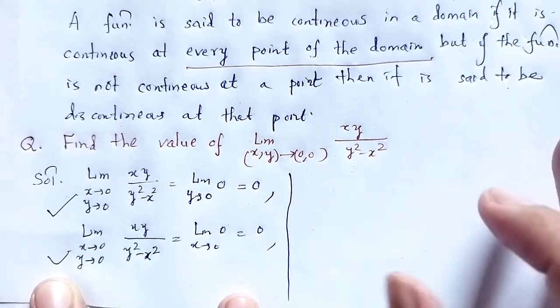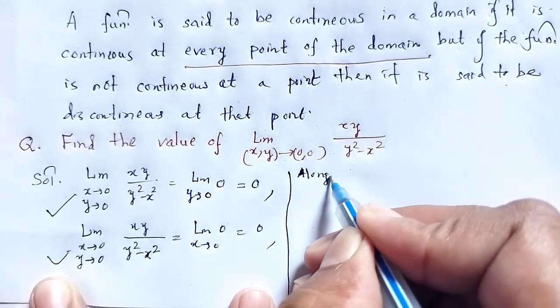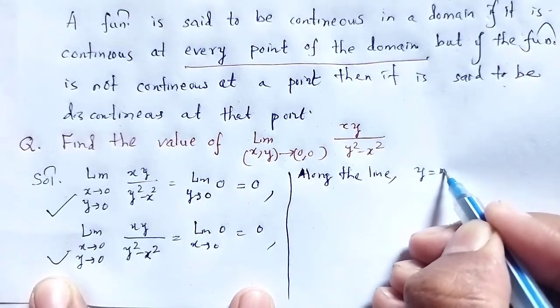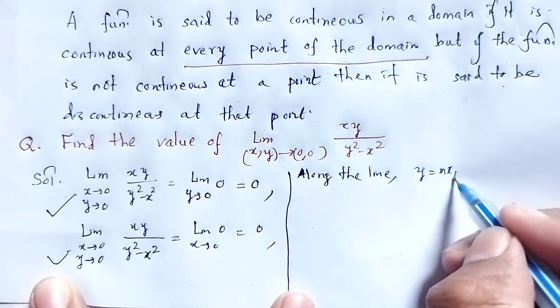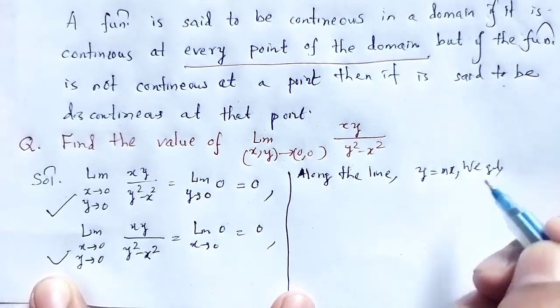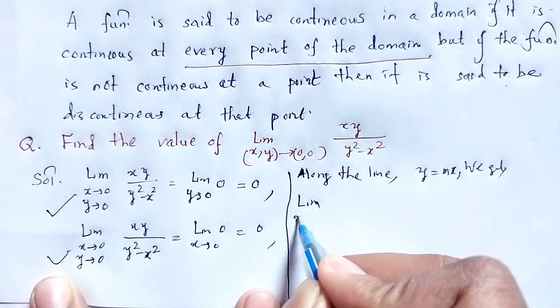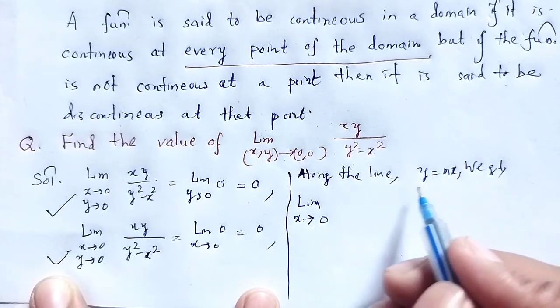Again we can evaluate it along the line, that is y equal to mx, and along the line c is equal to 0. We get limit x tends to 0, with y equal to mx.